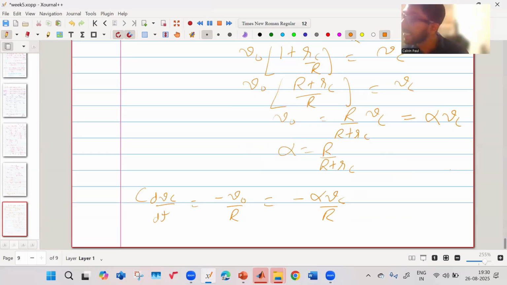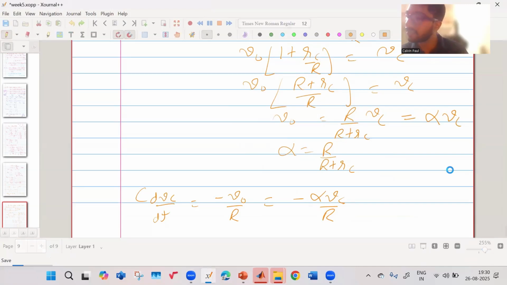So we are writing it in terms of the states because we are representing in terms of the state space. So these dynamical equations should be in respect to the states and the inputs. Your V output is an output, but you should write it in terms of the states. Okay. So this is done.